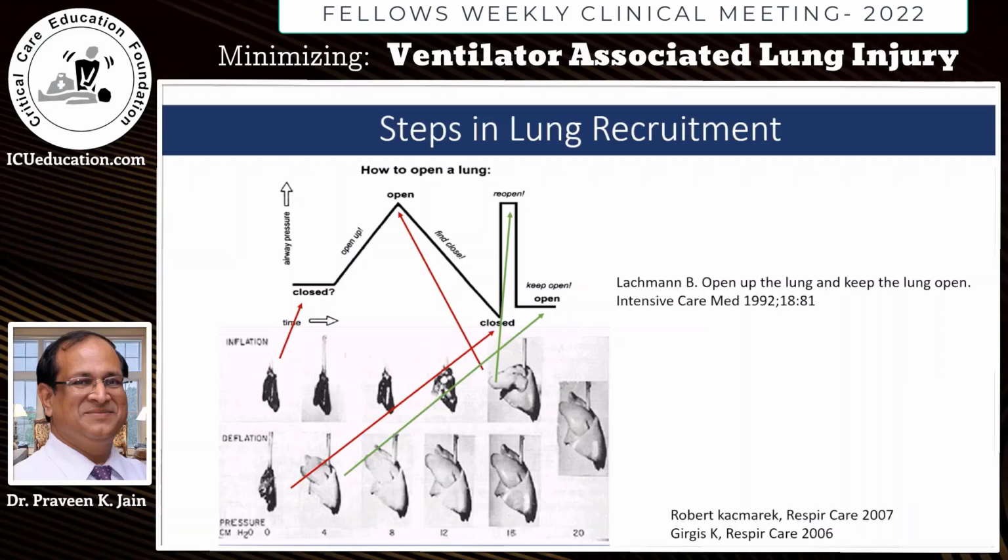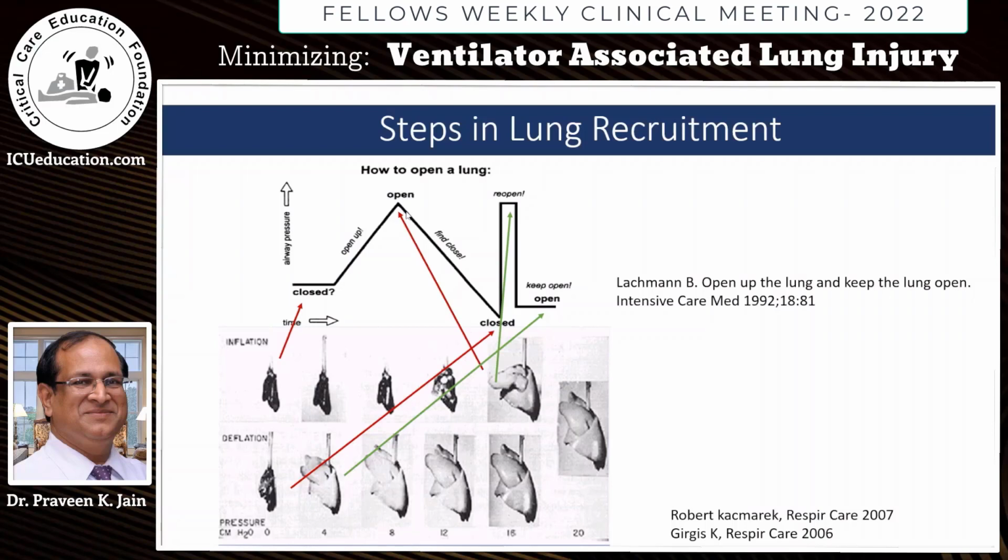Lachmann, in his monumental paper, Open the Lung and Keep It Open, published in 1992 in Intensive Care Medicine, said that we are starting with closed alveoli, collapsed alveoli. We need to open them up till we find a pressure at which most of the alveoli are recruited, and this we will call the opening pressure.